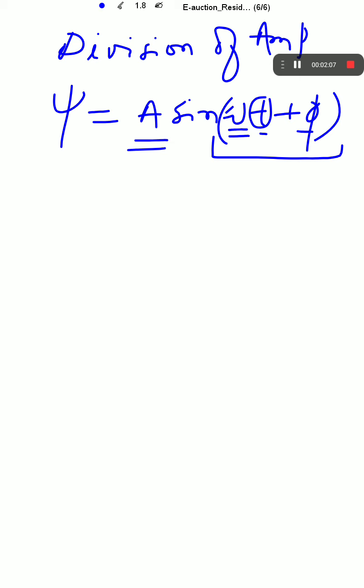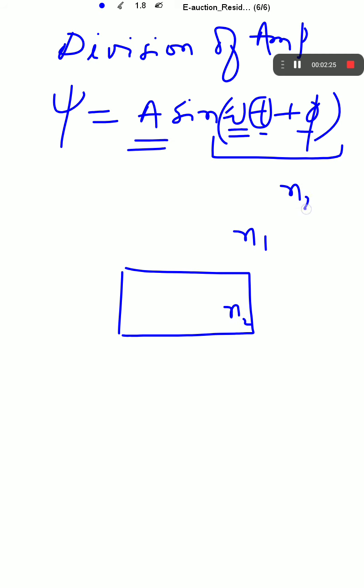When we talk about interference by division of amplitude, for example, we have this surface, water is here in this container. Let us say the index is N1 for air, N2 is of the medium, and N2 is greater than N1. Light is going into a denser medium.